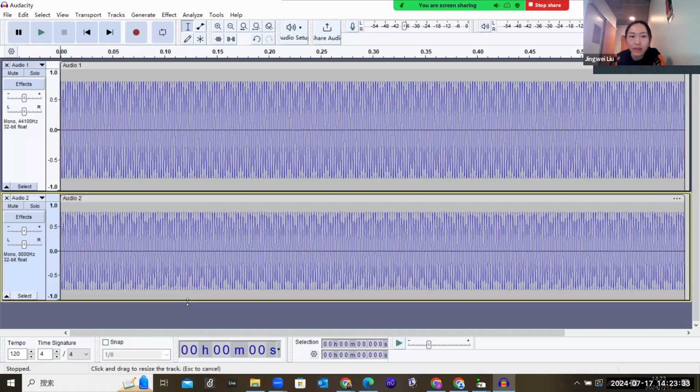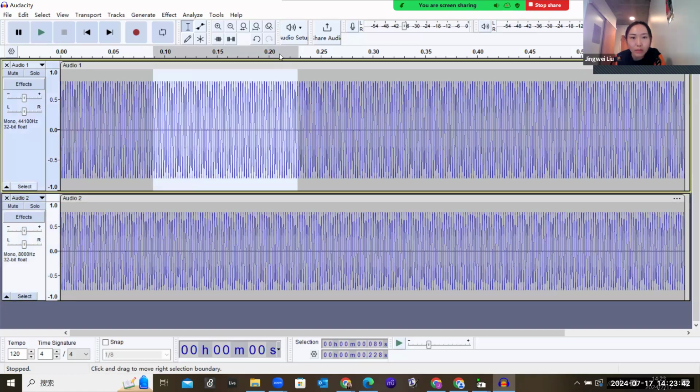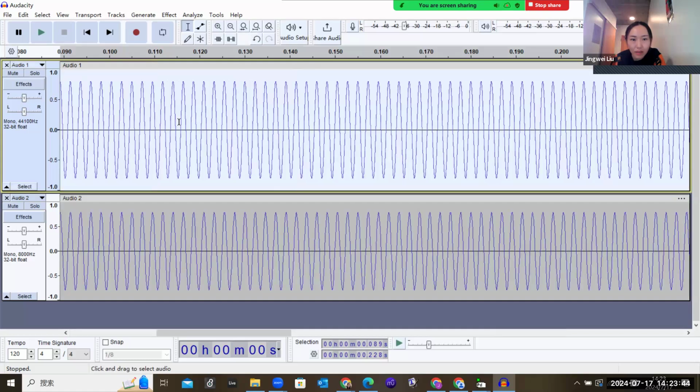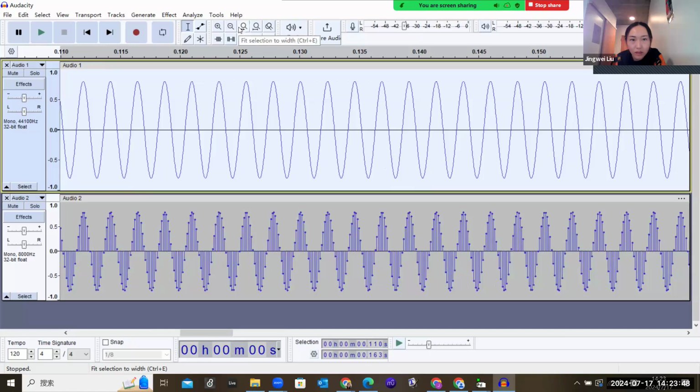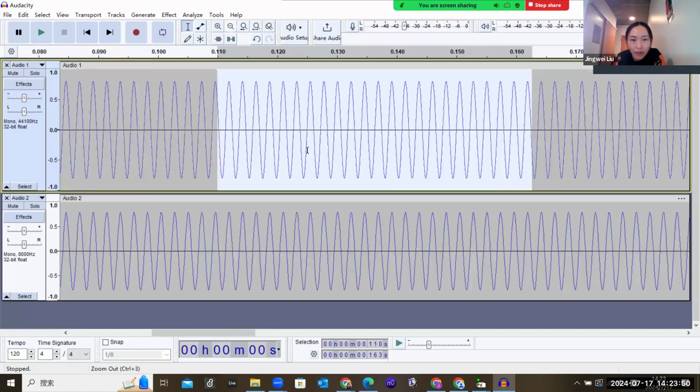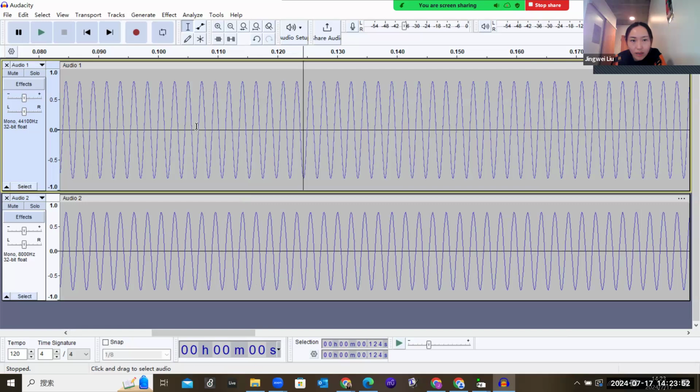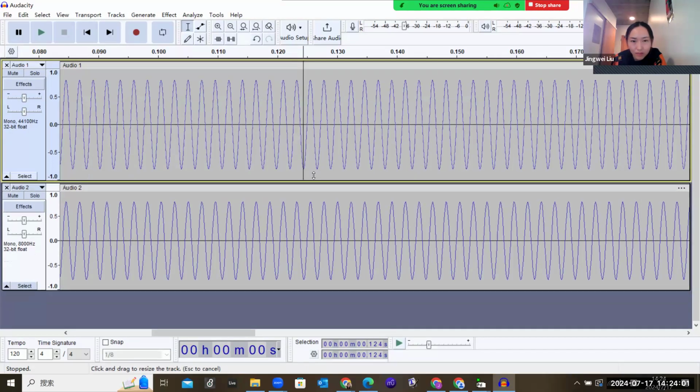They sound exactly the same, and they look kind of similar from this view. But what if we zoom in? Here you can tell they are of the same period, because they are of the same frequency.